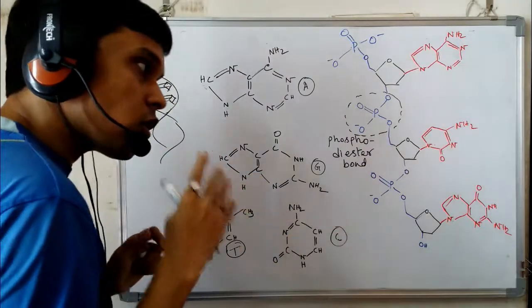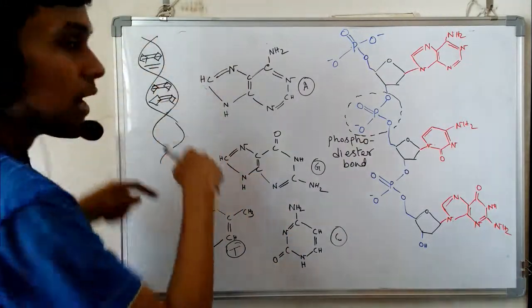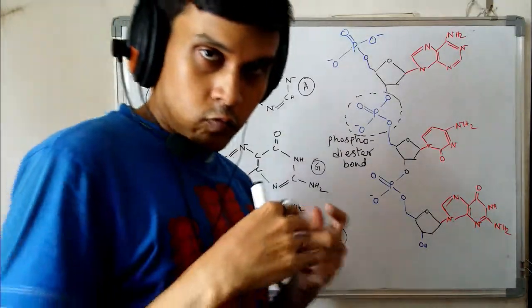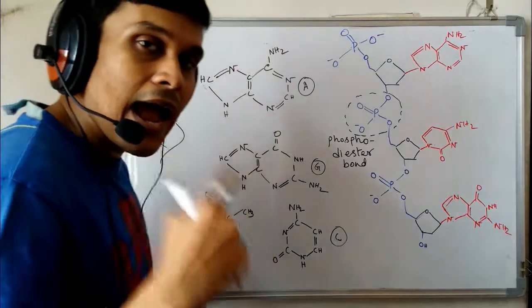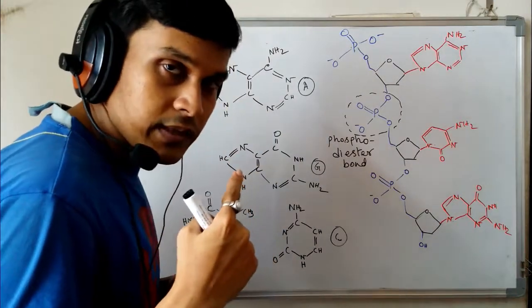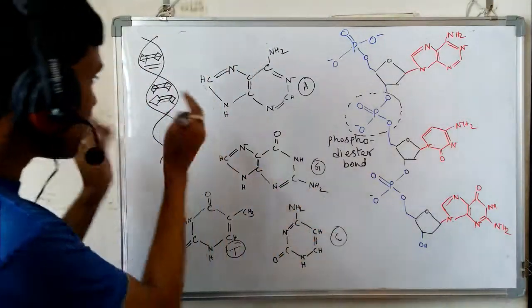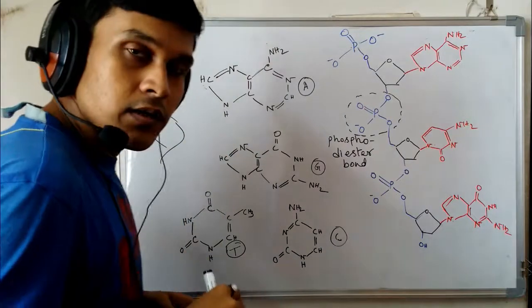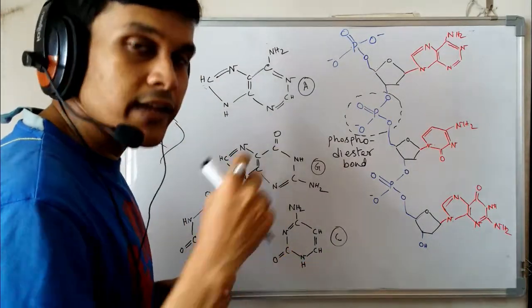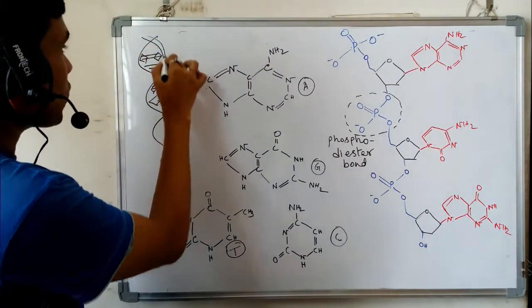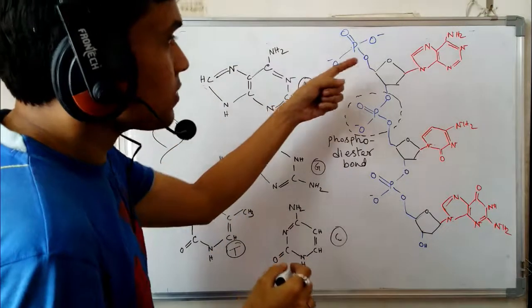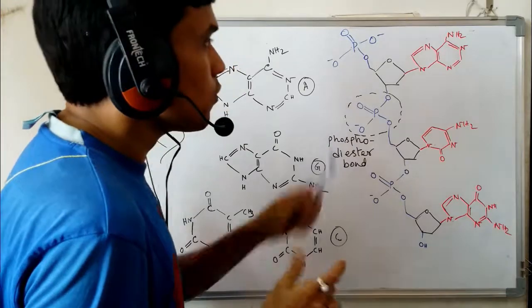If I consider the outside, that is exposed outwards, the outside of the DNA is made up of sugar and phosphate only. There is no base. The nucleobases protrude inside.